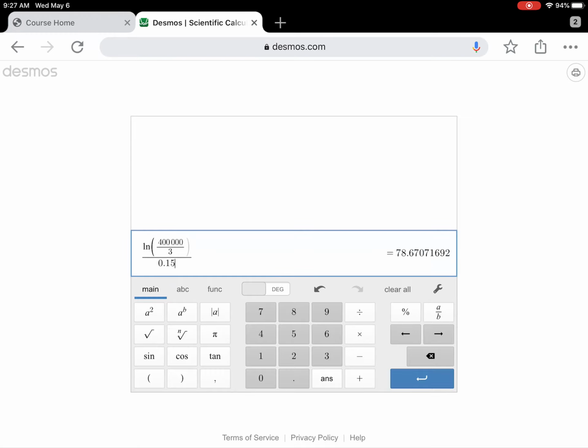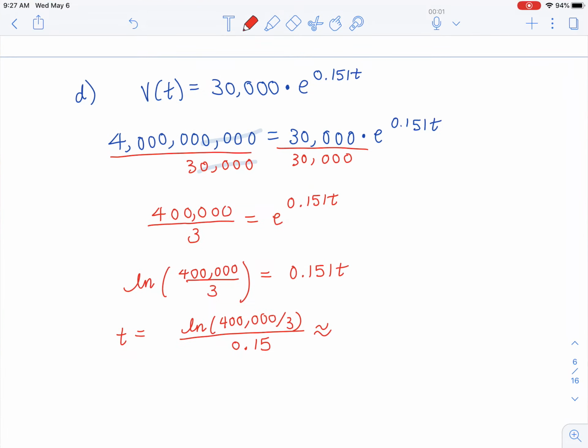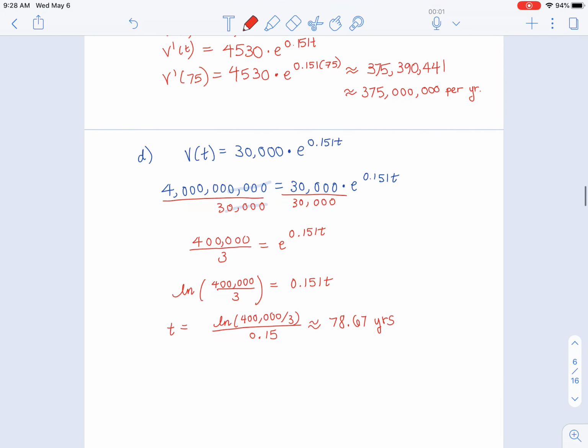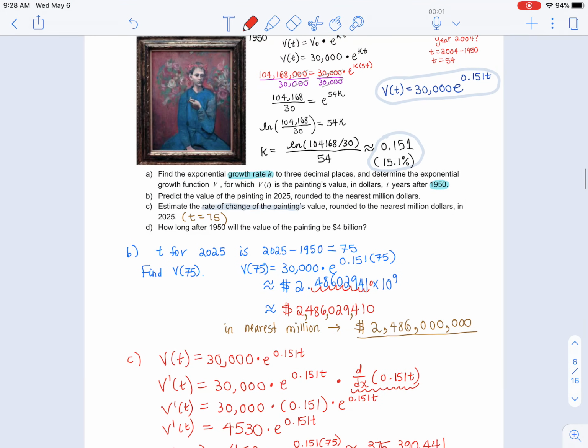The answer is 78.67. 78.67 years. It's going to take that many years for this painting to turn into a $4 billion painting.